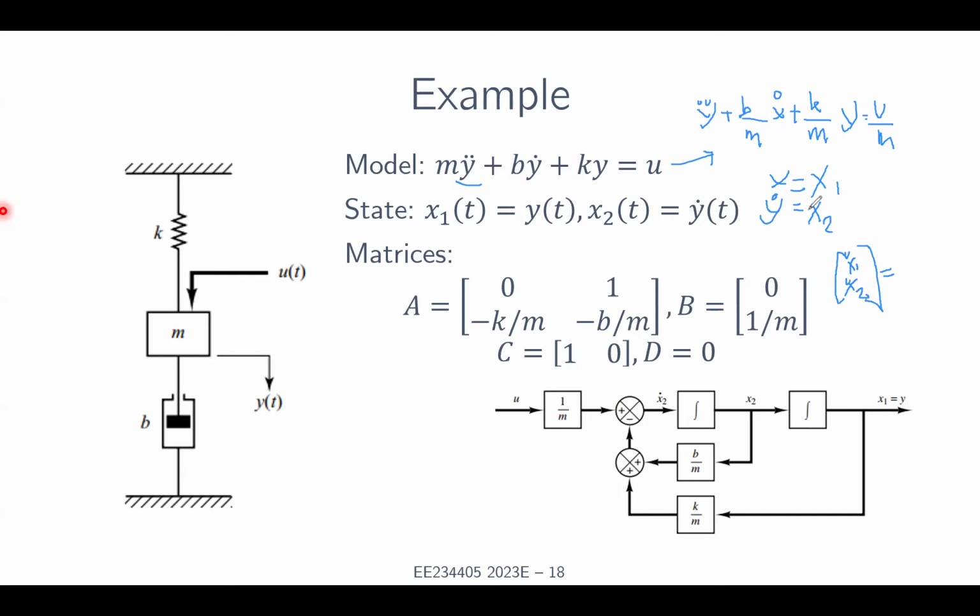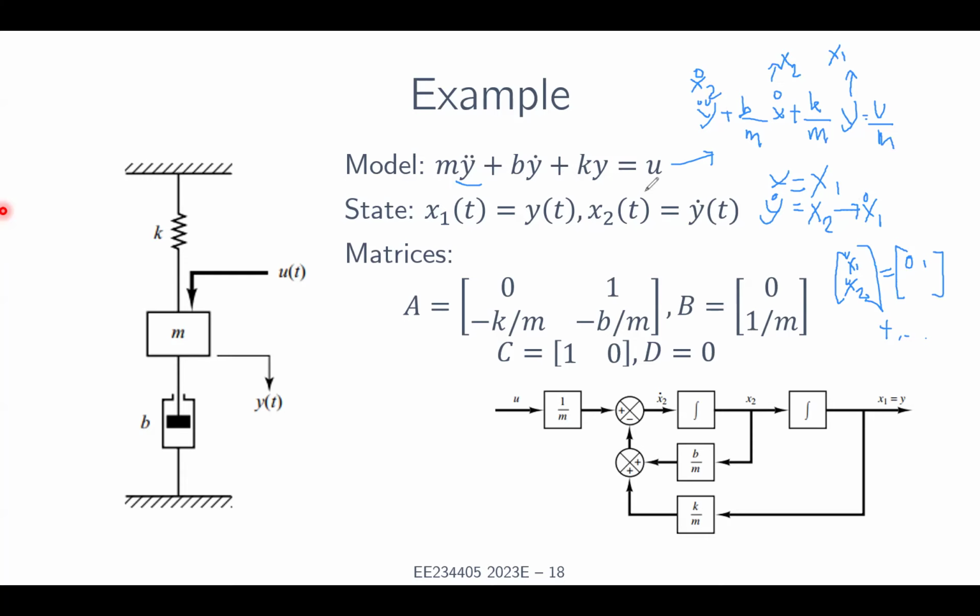So what is this, right? This is x1 dot, which means, okay, I will just write the A matrix. It's not enough, so we don't have space. So this is 0 and 1 because x1 dot is x2, and x2 dot, actually, we convert this again to x2 dot, and this is x2, and this is x1, right?